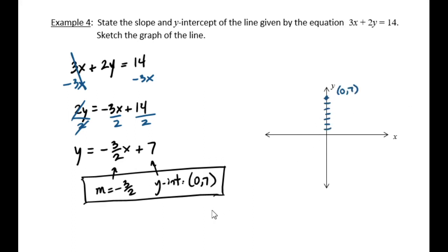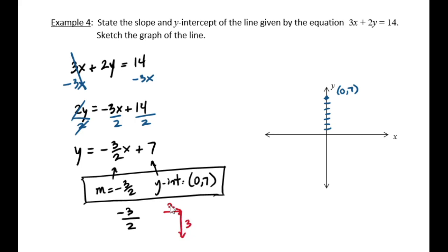And to find our next ordered pair, we're going to use the slope. We'll go ahead and put the negative in the numerator, so that this is negative 3 over positive 2. That means that our horizontal change is positive 2. We're going 2 units to the right, and the vertical change is negative 3, so we'll go 3 units down.